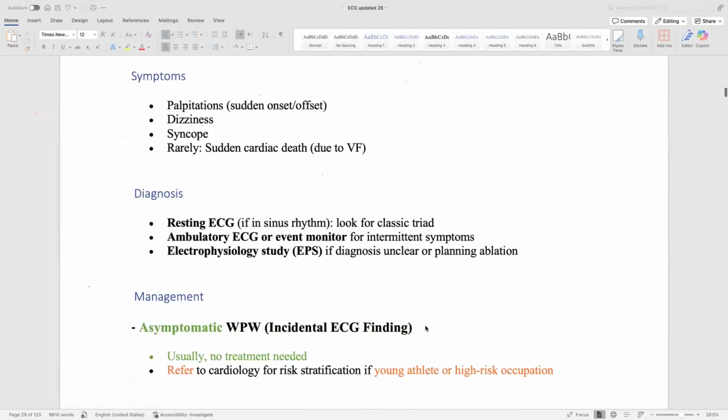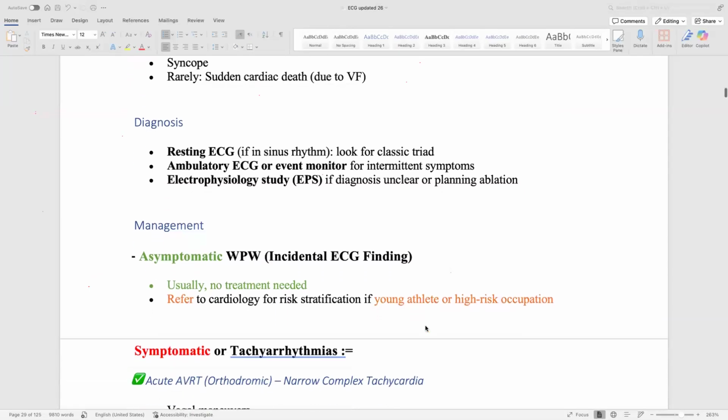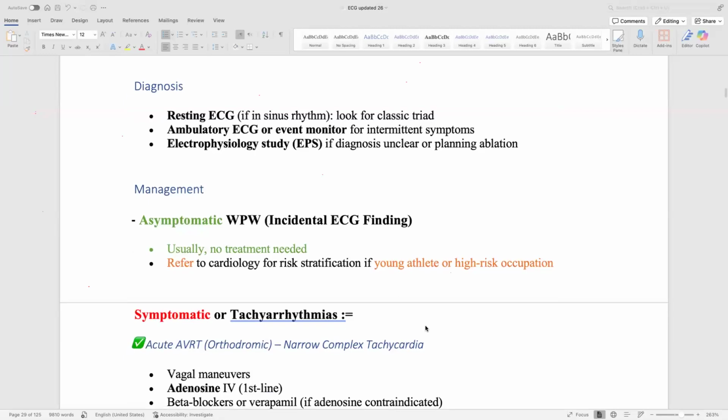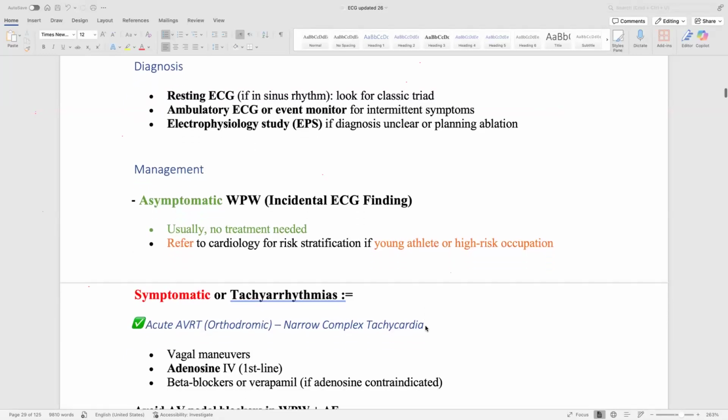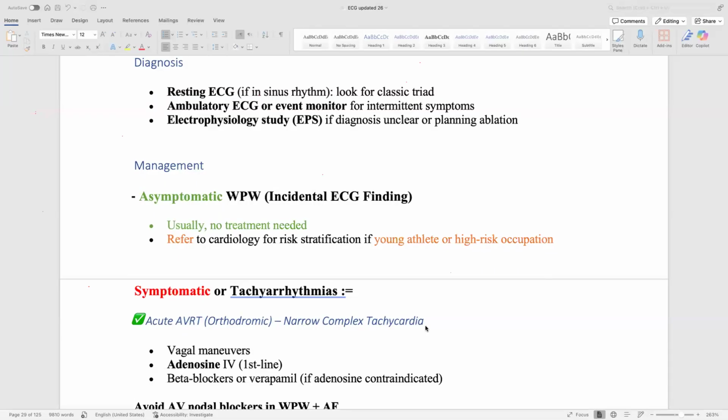Symptoms: palpitation, dizziness, syncope. Diagnosis by resting ECG, electrophysiology study, and ambulatory ECG. The management: if it is asymptomatic, no need for treatment. Why? Because it is just an abnormal accessory pathway.